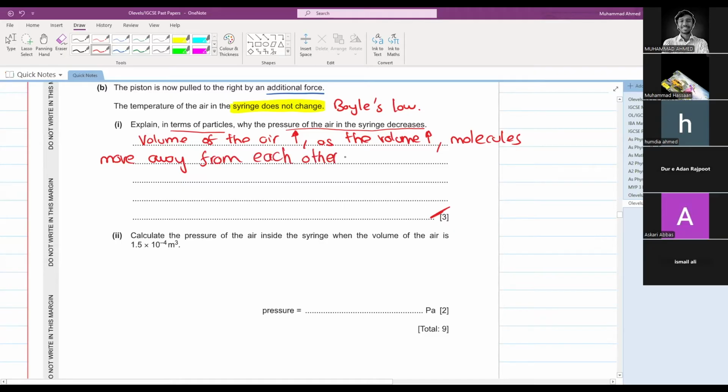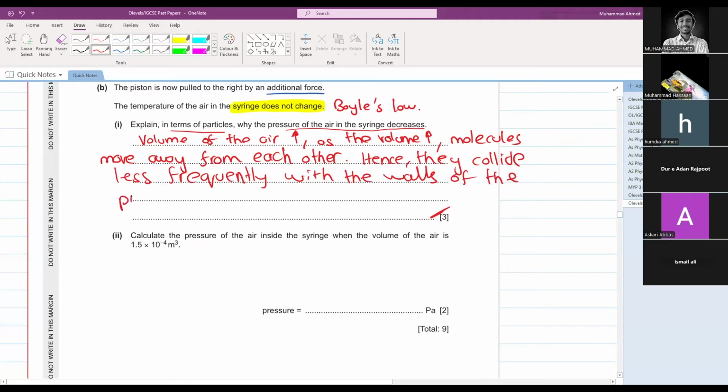What happens next? As the molecules move away from each other, what happens next? They collide less frequently with the piston. They collide less frequently with the walls of the piston.